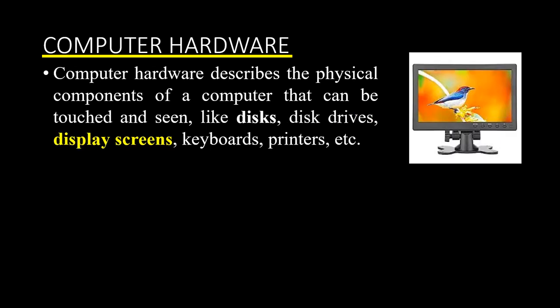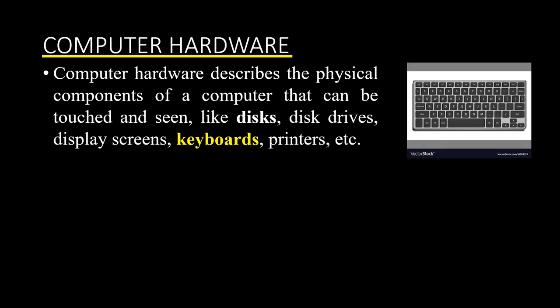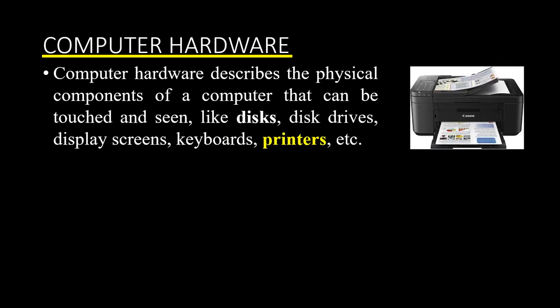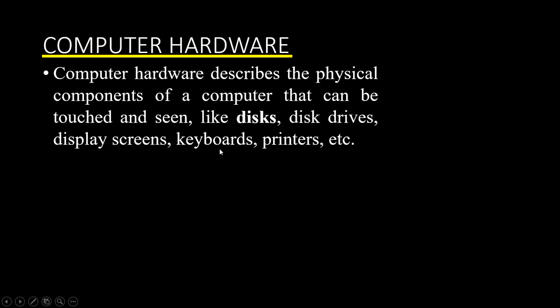You can also see the screen, that is a hardware item. You can see the printer. All those describe physical items, hardware. So they are computer hardware or hardware related devices used in computer. But there are many others, not only these mentioned here.